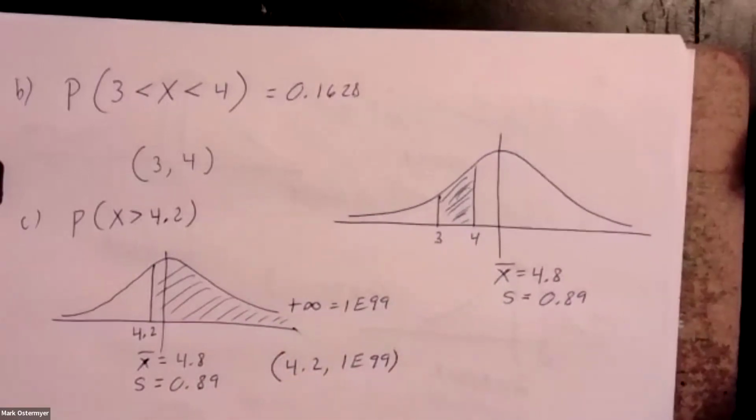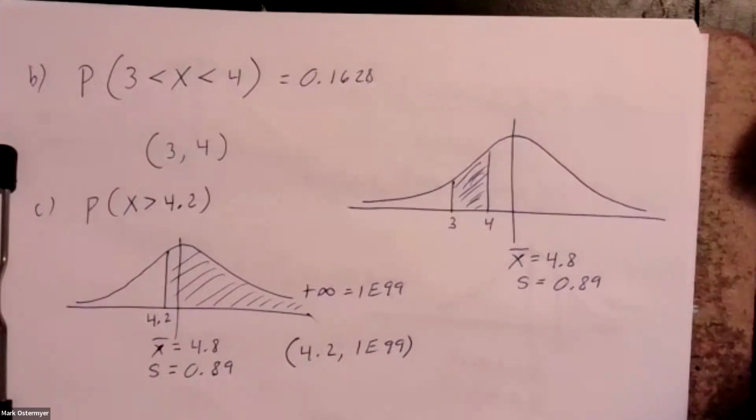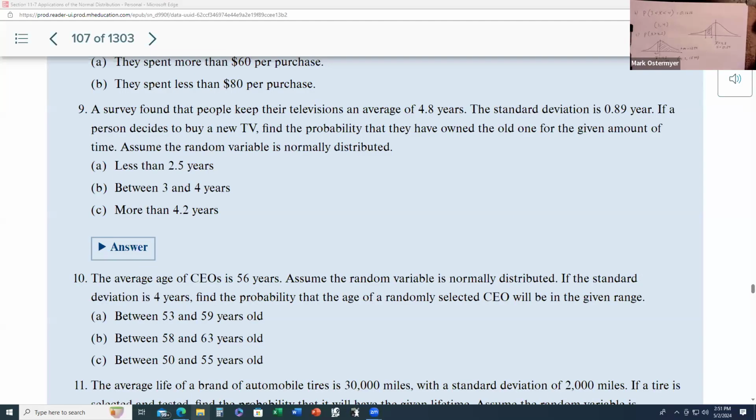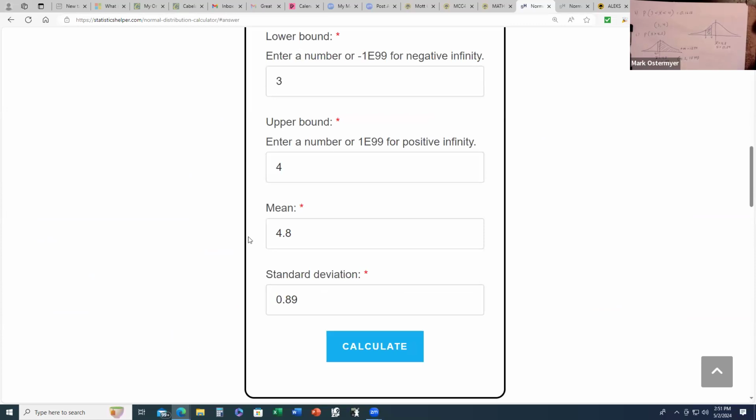Taking this information to our normal calculator, we can compute that area or that probability. Our lower endpoint here is 4.2. Upper endpoint is 1e99. The mean of this distribution is 4.8 and the standard deviation is 0.89.